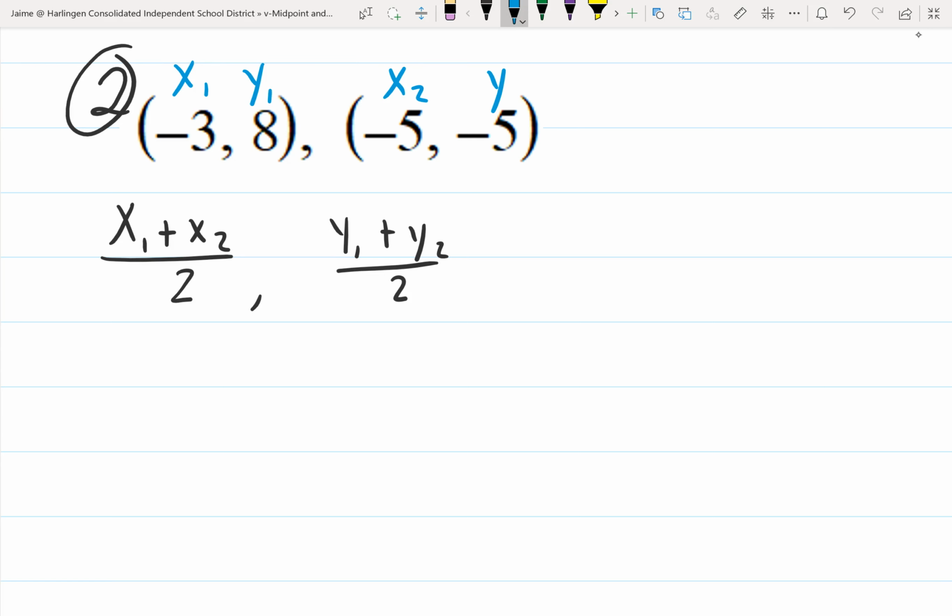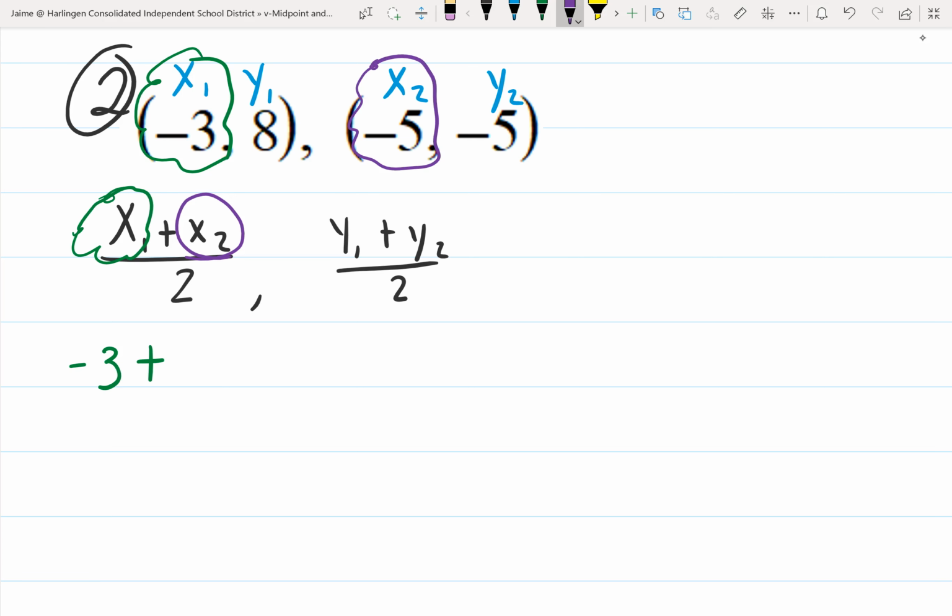That's my first point, and this is my second point. So I put the 1s there and the 2s there. So now x1. x1 is right here. Negative 3. Put the plus sign because that's part of the formula. Then x2, right there.